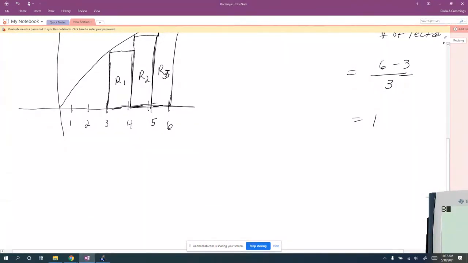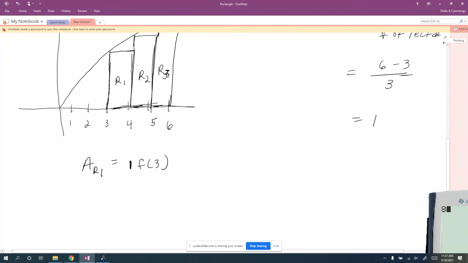So we're going to find the area of rectangle 1. Right, so that A sub R1 is simply the area of rectangle 1. So in order to find the area of rectangle 1, we're going to take the width, which is 1, times the height, which is f of 3.